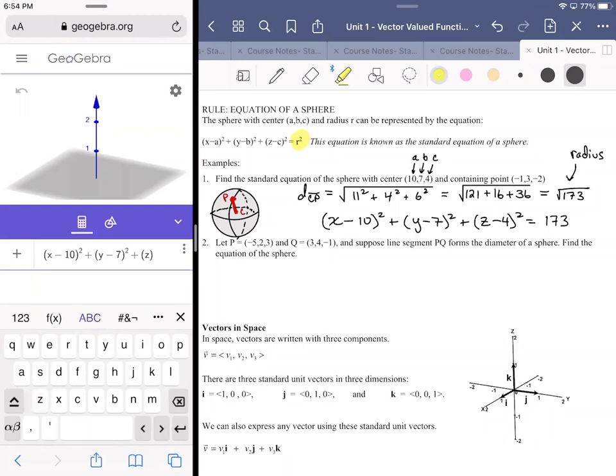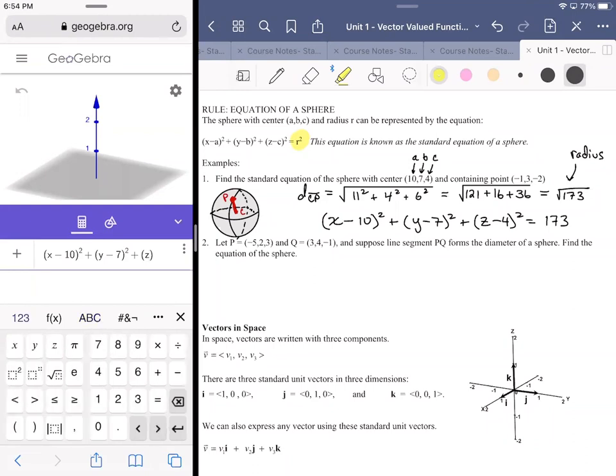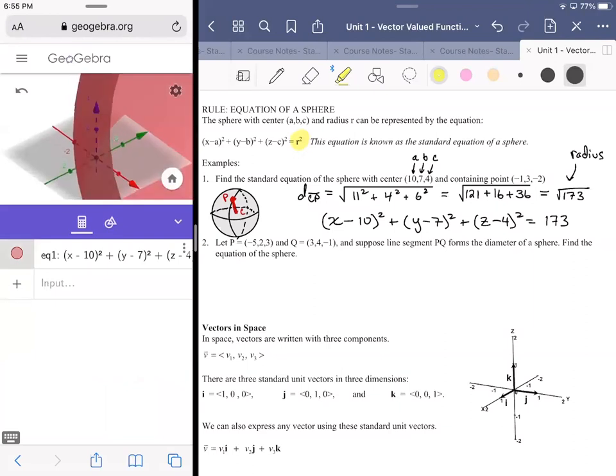When was I ever going to notice that? That's weird. z minus 4 squared equals 173. And then it's like, what's that? That's a ring, like part of a Q ship from Avengers. And you have to zoom out.